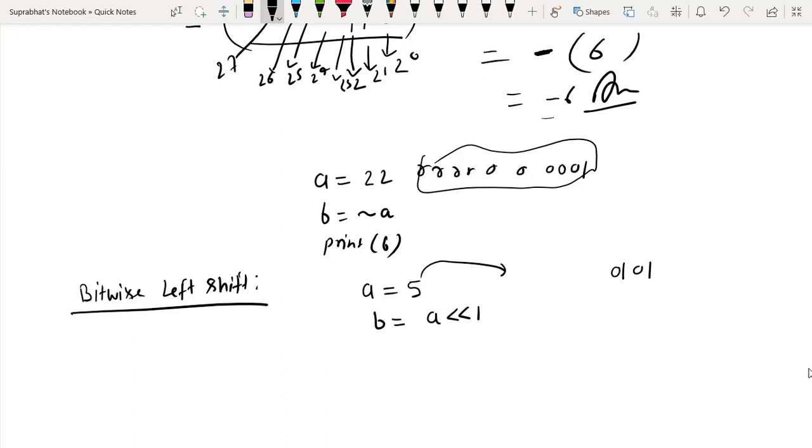Now the rule according to left shift 1: अब आपको ये समझना है इसमें left क्या है, right क्या है. This is left, this is right.